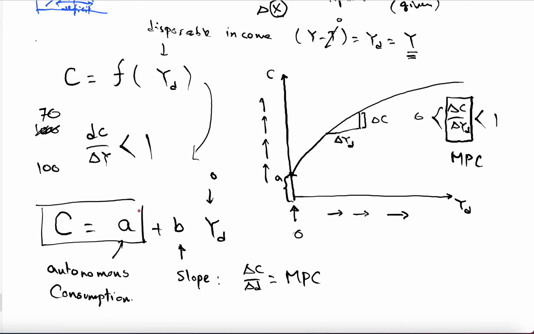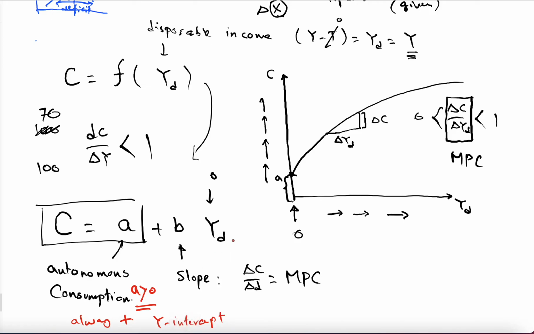According to Keynes, this is always bigger than 0. There is a positive intercept, a positive y-intercept.